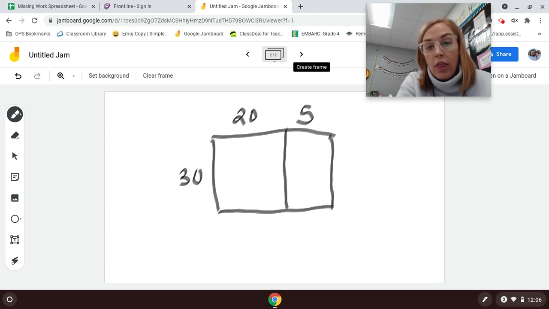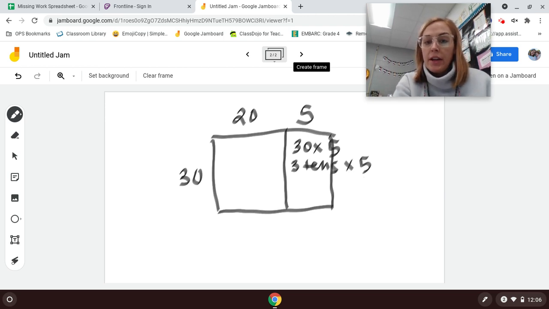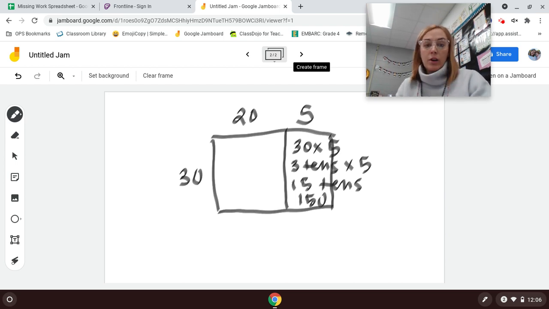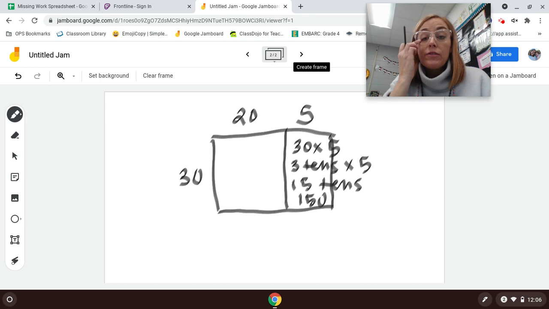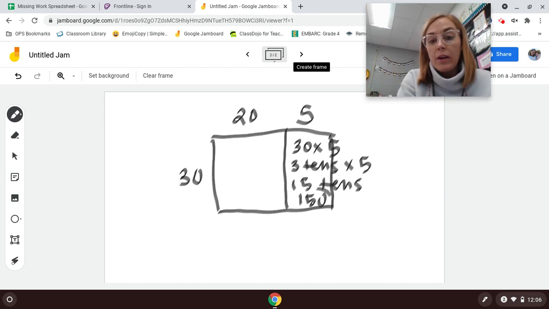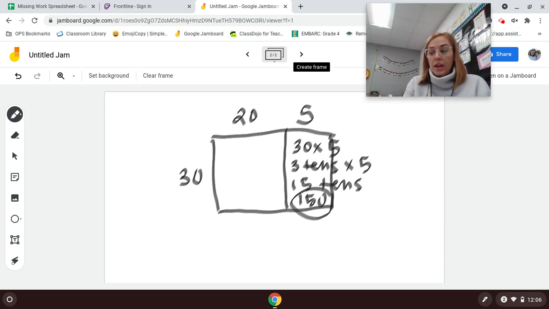Okay, so 30 times 5, or 3 tens times 5 equals 15 tens, or 150, right? I can cover up that 0 on my 3. I can do 3 times 5 to get 15, and then I can put that 0 back on to get that 150.